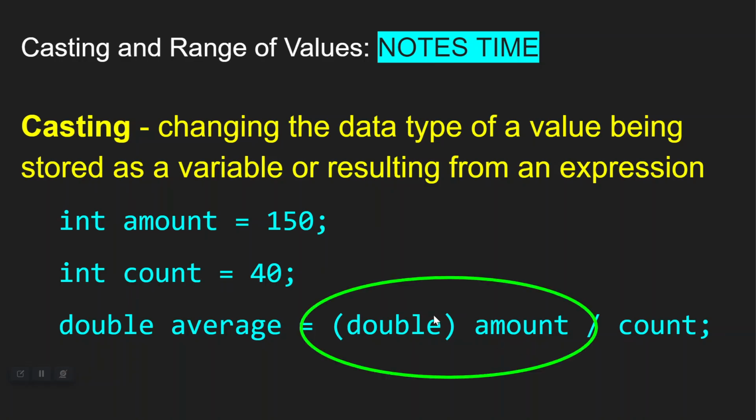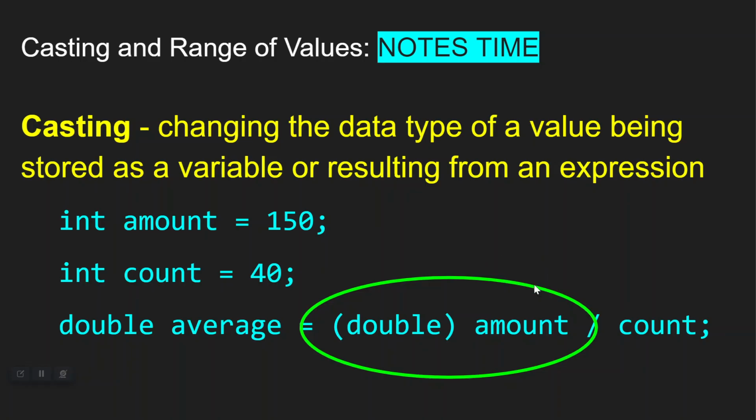So there you go. This is what we mean by casting. You could also do amount divided by, and then in parentheses, double count, which means that this would convert your count variable to a double first before performing that division. So that's another way that you could do it.